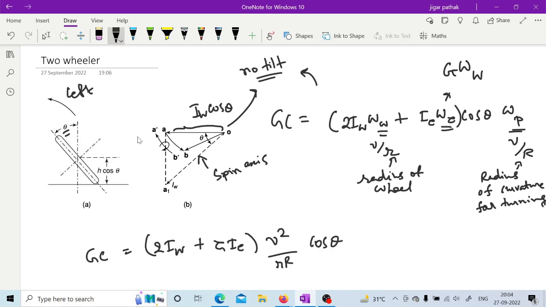So this is how you will have your gyroscopic couple in the case of a two-wheeler.